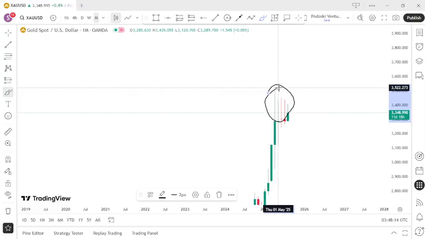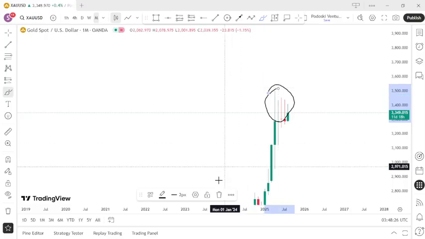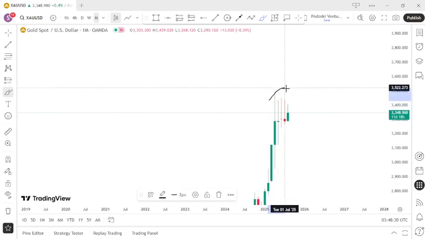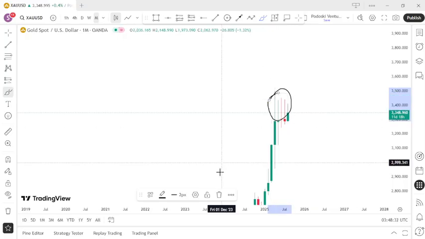So if it goes to the lower time frame, that's like a ranging market.